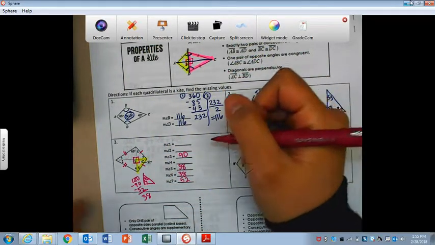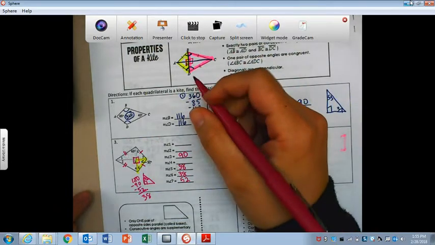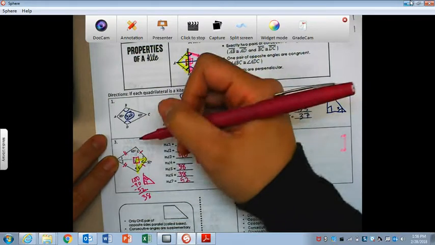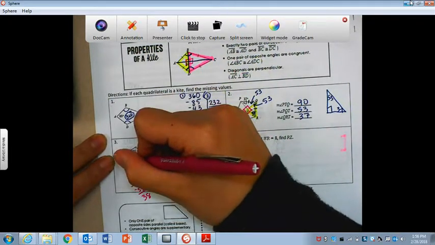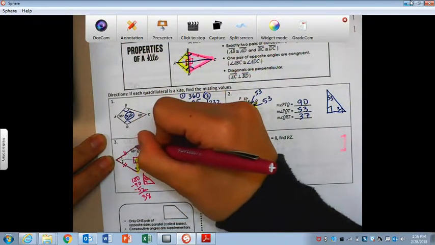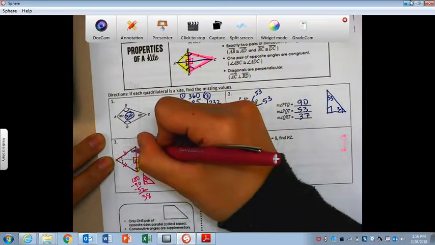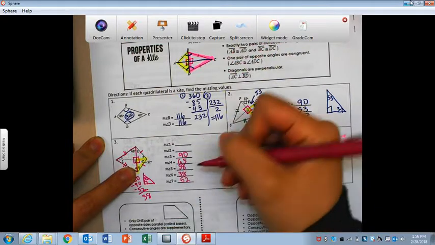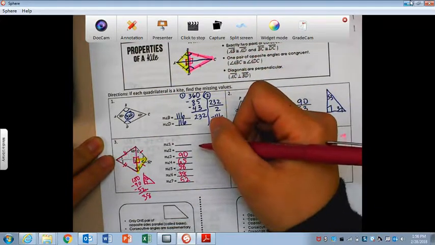Now let's tackle these other problems. Again, these are isosceles. This is an isosceles triangle right here. So if that's 65, angle 4 would also be 65. Now let's take care of 1 and 2.